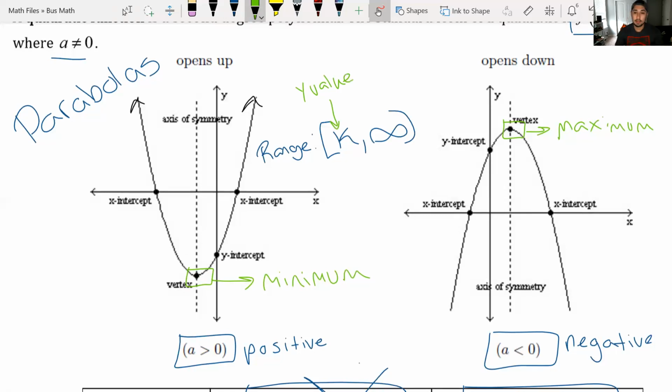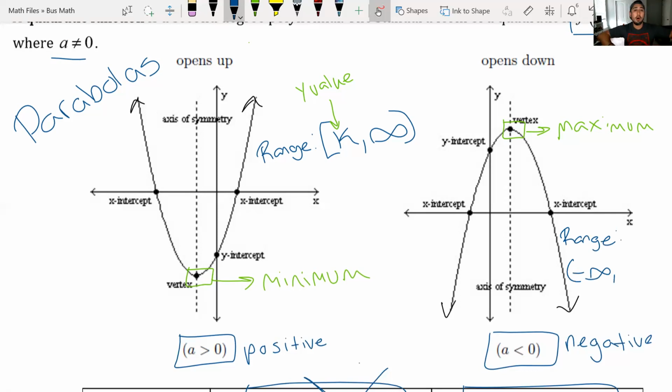And then if you have a parabola that opens down, if you notice, these tails are headed towards negative infinity. So for range, we always start with the smallest y value, and our smallest y value on a parabola that opens down is going to be negative infinity. So my range here is going to be parentheses negative infinity.